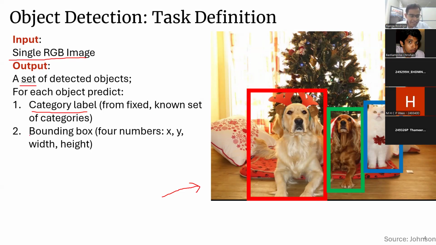Then for each of these detections, we want to give the bounding box also. That means four numbers: x, y, width, and height. So usually this xy is a center coordinate, and width and height, you can understand what that means. Sometimes you can give not the center coordinate, but the first coordinate also, but center coordinate is better.